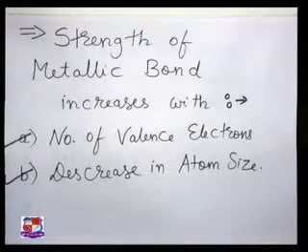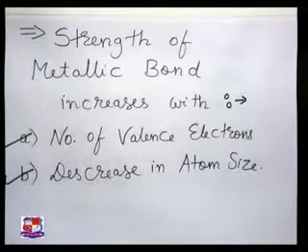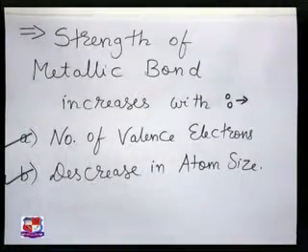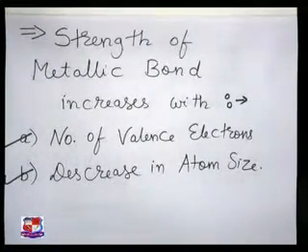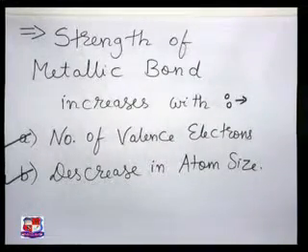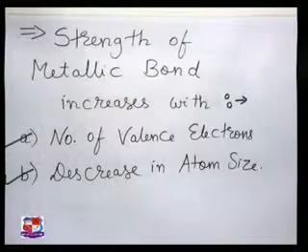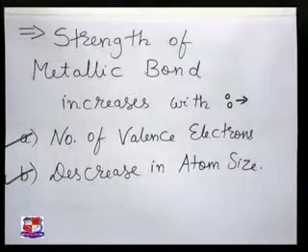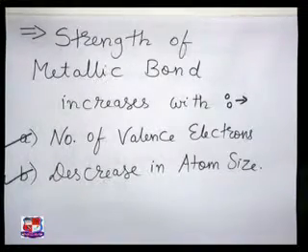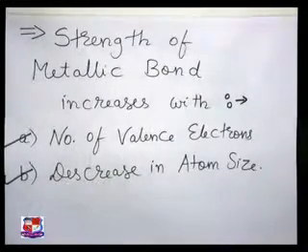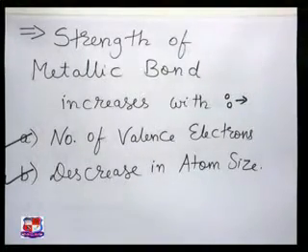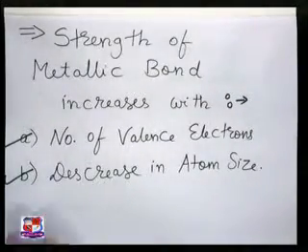So you can clearly state that the strength of the metallic bond increases with the number of electrons, and the second factor is that it increases with a decrease in atomic size. It is very clear that the strength of the metallic bond increases when the number of valence electrons increases and when the size of the atom decreases.